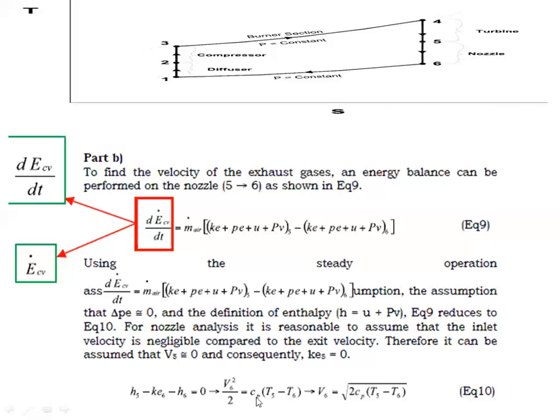From this, the exit velocity of the nozzle at point 6, v6, can be written as the square root of 2 times cp times the change in temperature, T5 minus T6.